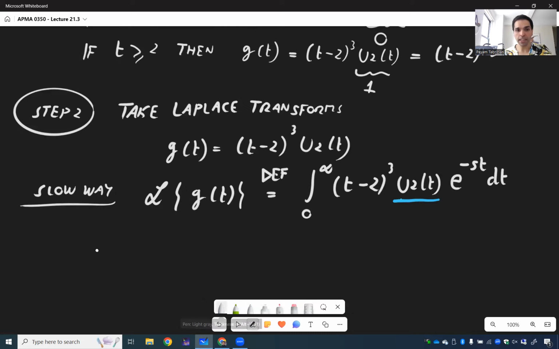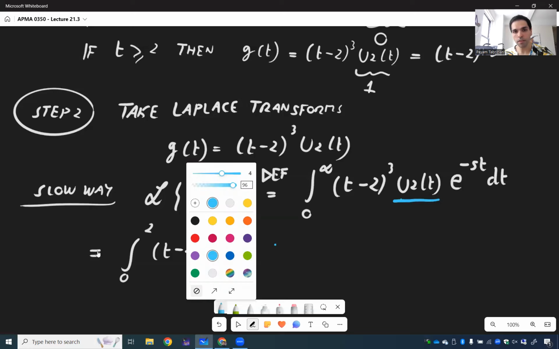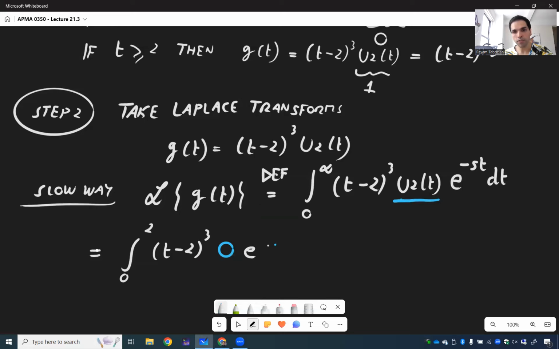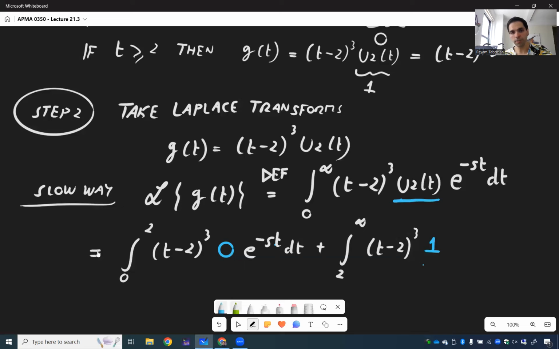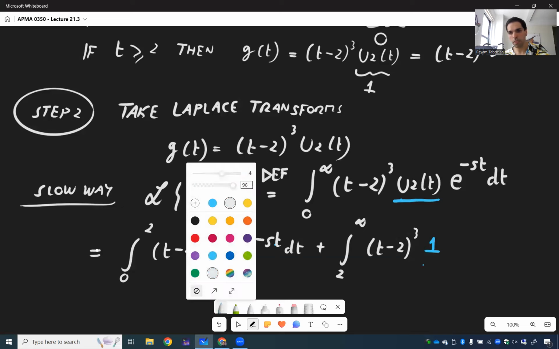So once again, it makes sense to split up the integral: from 0 to 2, (t minus 2) cubed, in which case u2 is 0, times e to the minus st dt, and the integral from 2 to infinity of (t minus 2) cubed times 1 times e to the minus st dt.